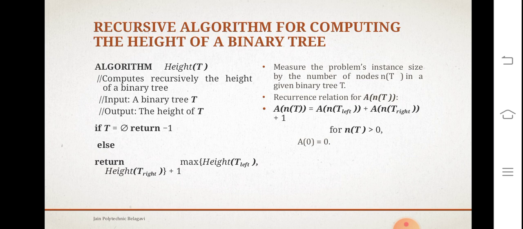What is checking whether the tree is empty? And this is very typical for binary tree algorithms. For example, for the empty tree, the comparison T equal to null is executed once, but there are no additions, and for a single node tree the comparison and addition numbers are 3 and 1 respectively.